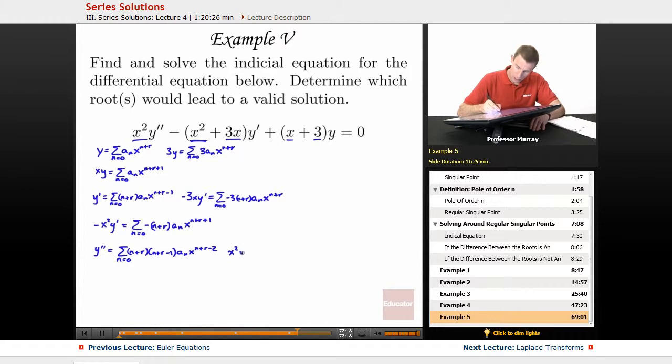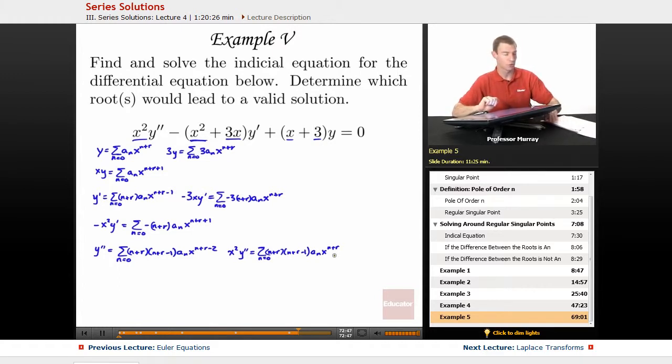So x squared y double prime is the sum from n equals 0 of n plus r times n plus r minus 1, an, and now the power gets bumped up to x to the n plus r. It was n plus r minus 2 before, but we multiplied by x squared, so it's x to the n plus r.